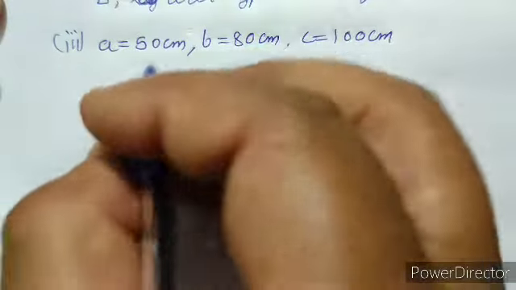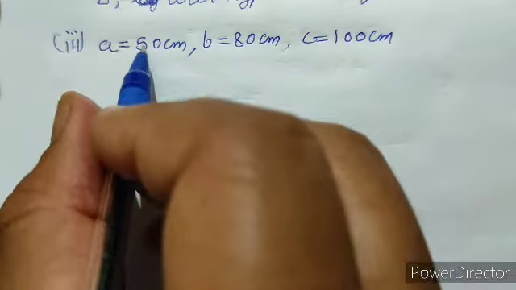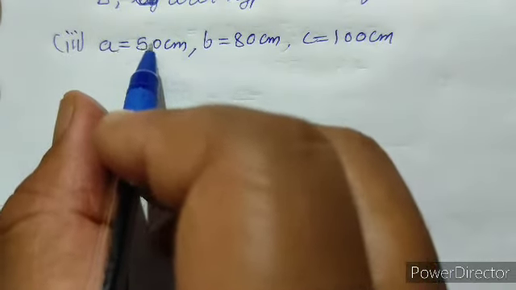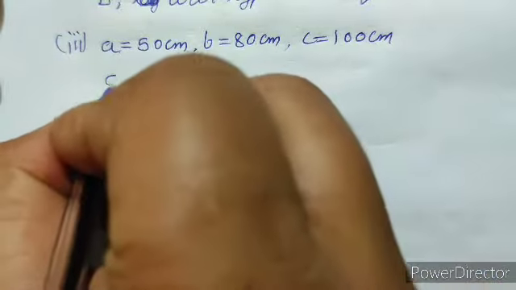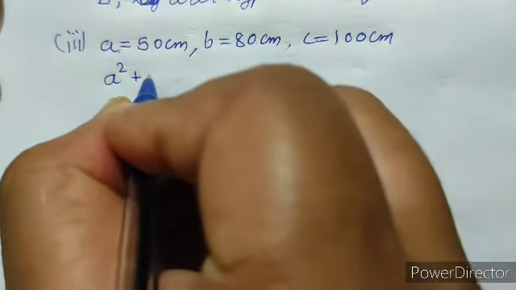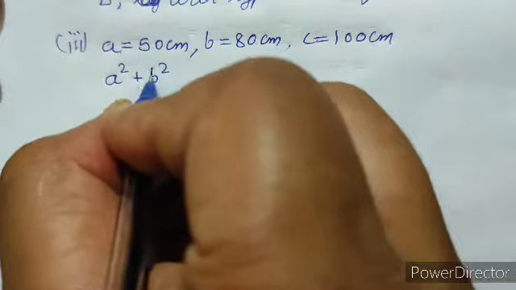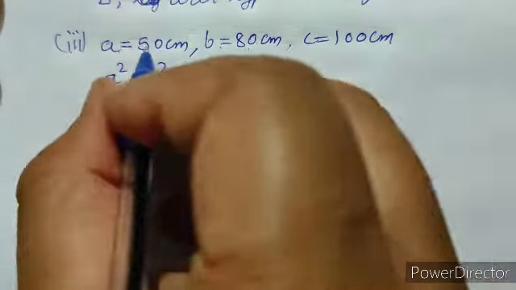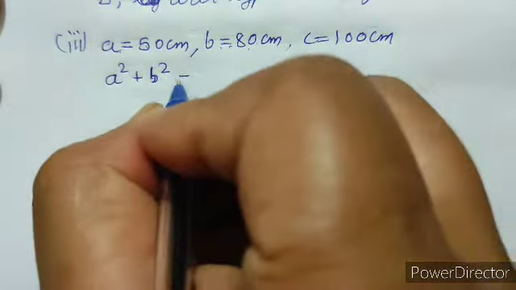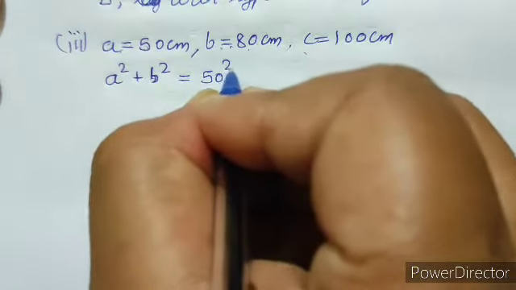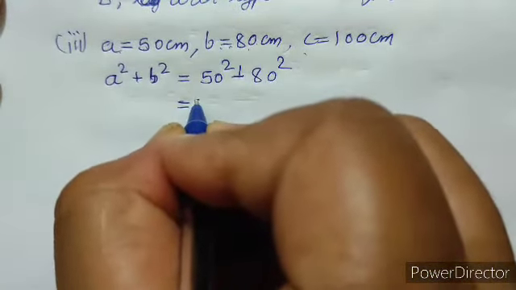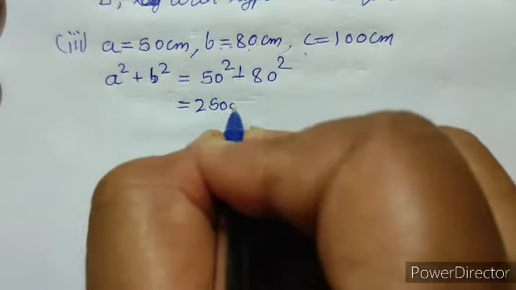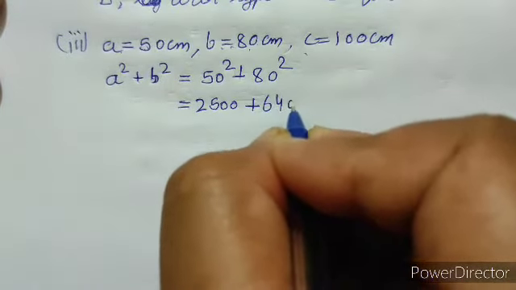Now in third part, sides of a triangle are given to us as 50, 80 and 100 centimeter. Now first of all, we will take the sum of the squares of the two smaller sides out of sides ABC, and these are 50 and 80. 50 square plus 80 square, and that will give us 2500 plus 6400.